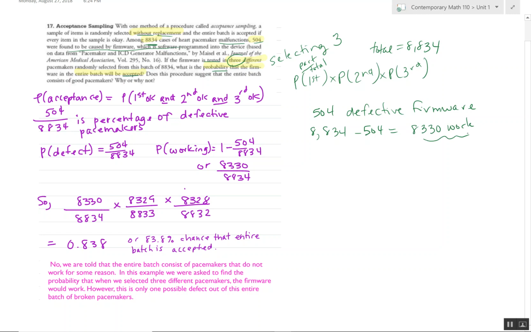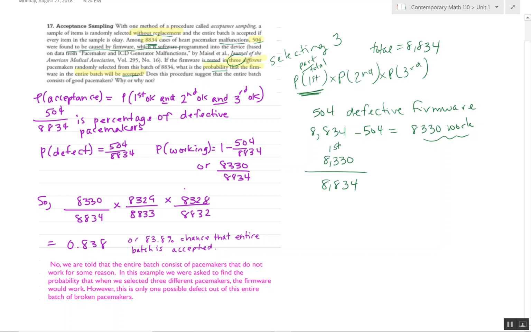So now when I set this up, the probability that the first pacemaker works, well, there's 8,330 that work out of 8,834 total. So you always do part over total. This is the probability that the first pacemaker works.